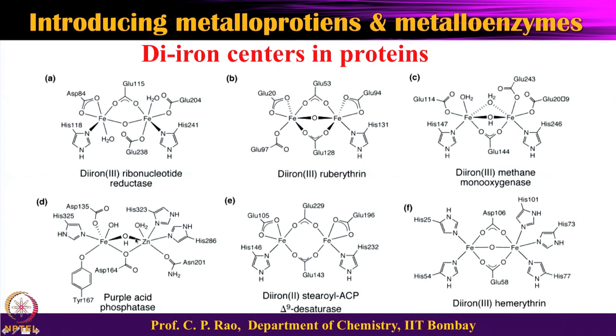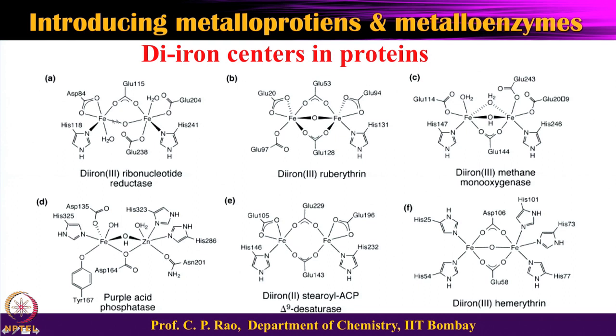In all of these, the di-irons are always bridged by the carboxyl group. Most of the time, more or less always, even in other dimetallic centers, the metals are bridged by carboxylates, and the same is true for the di-iron centers.